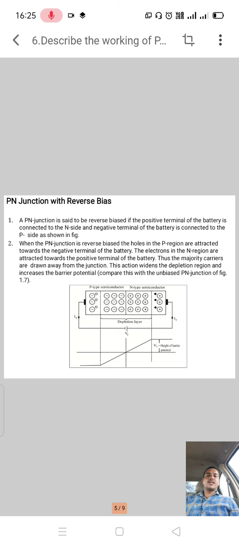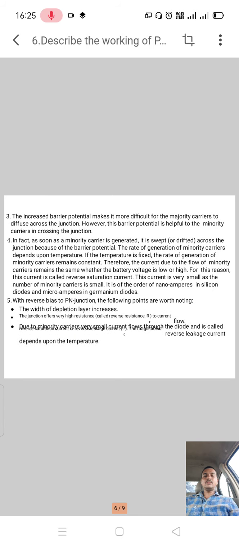So compare this with the unbiased PN junction figure. The increased barrier potential makes it difficult for the majority carriers to diffuse across the junction. However, this barrier potential is helpful to the minority carriers in crossing the junction.